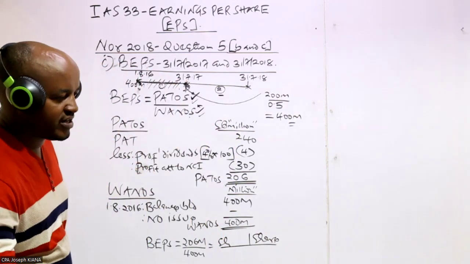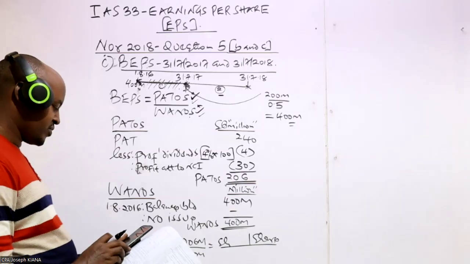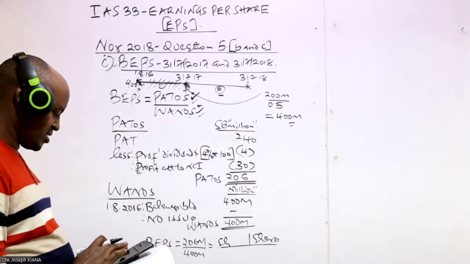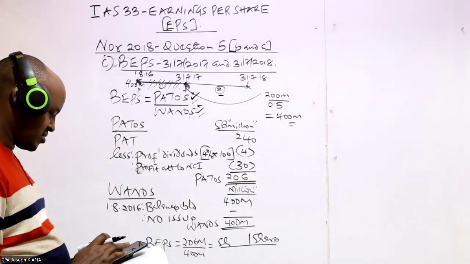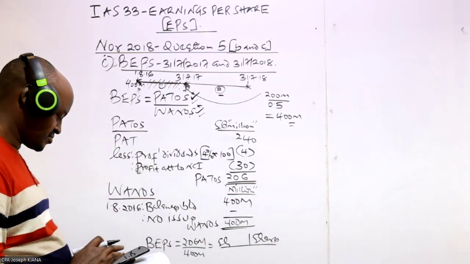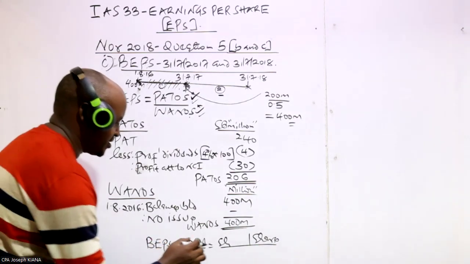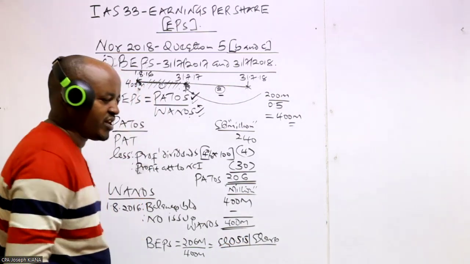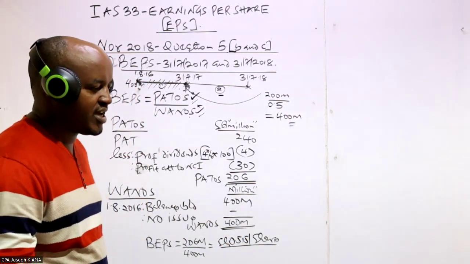So let's divide those two figures. So we have 206 divided by 400 million, which will give us 0.515. So therefore, this is the earnings per share for that year.